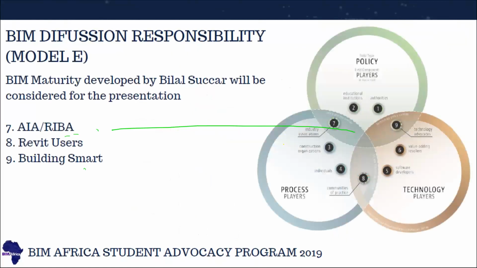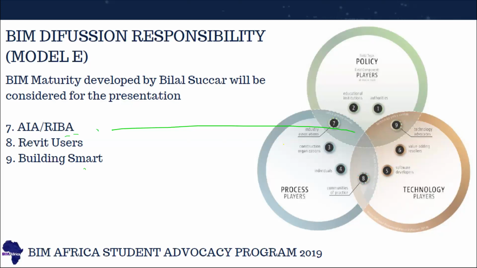Okay, E, which is the last one, is BIM diffusion responsibility, which means people involved in actually trying to do this. So 9 people should be involved when you're trying to achieve this. And the most important ones are 7, 8, and 9. 7 is the people who deal with policy and processes. These are people who should understand the process and be policy makers.